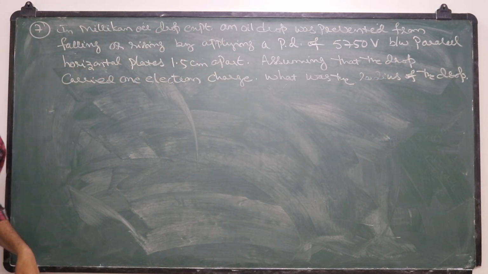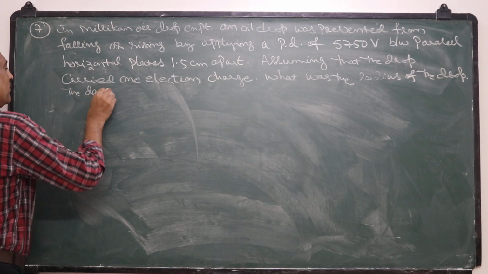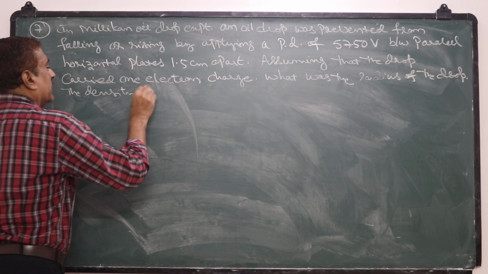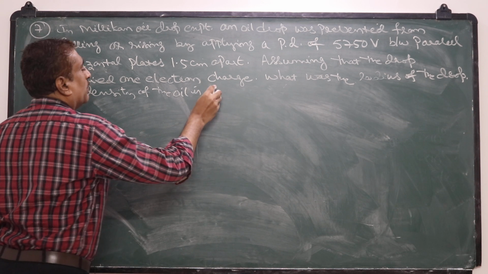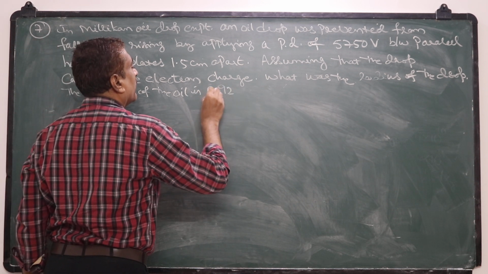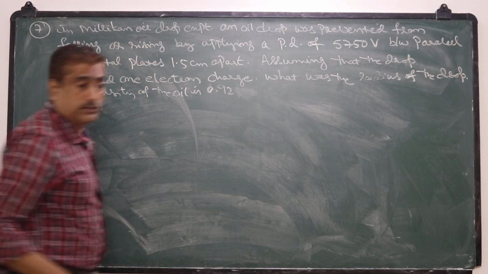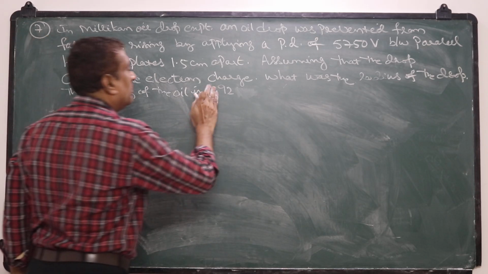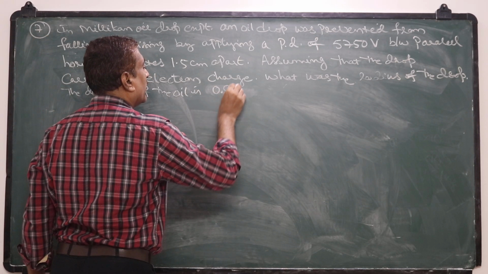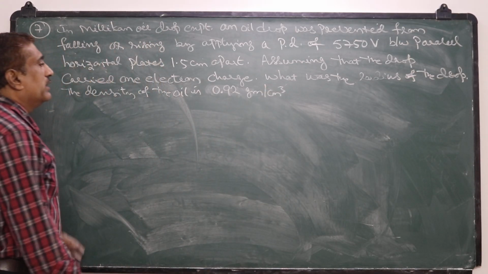The density of the oil is 0.92 gram per centimeter cube. This was given.